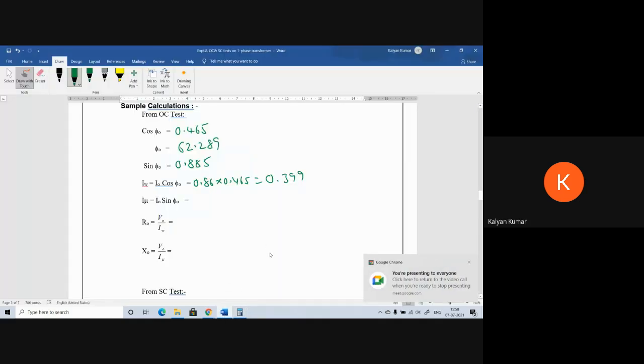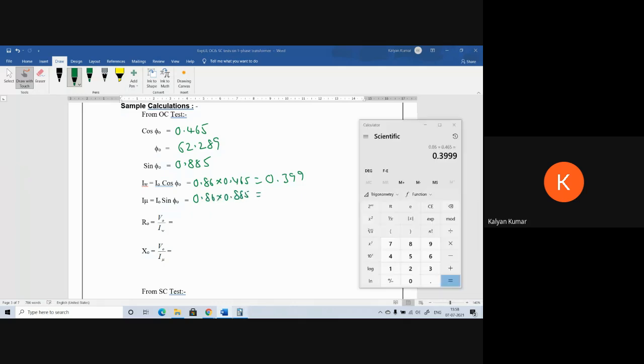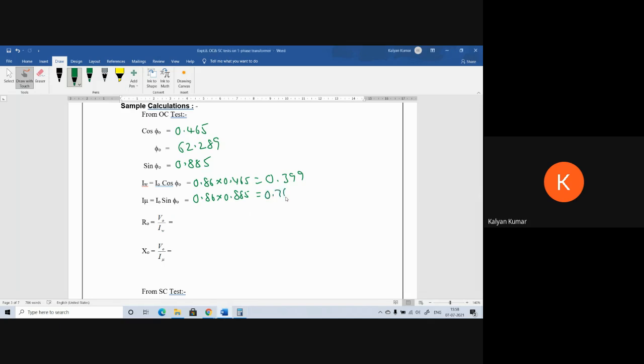Now, mu will be I naught into sine phi naught, 0.86 into 0.885, which is 0.7611. Now, if I calculate R naught, V naught is 100 divided by IW, which is 0.399.